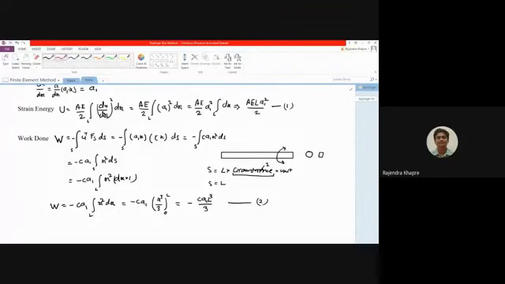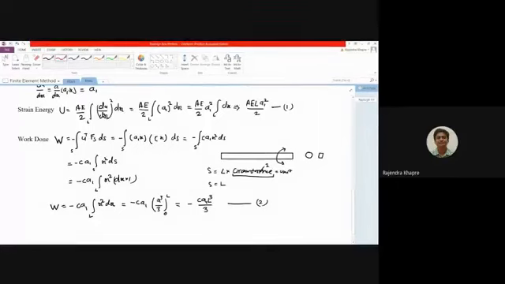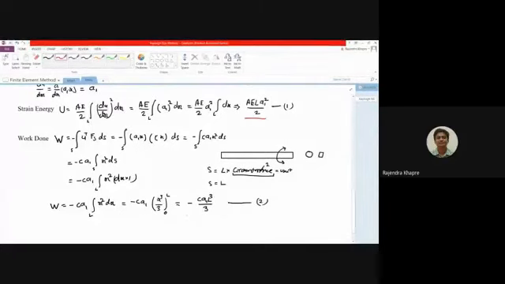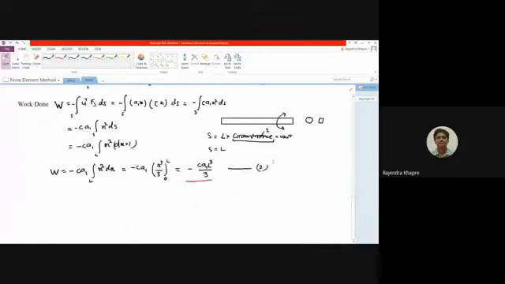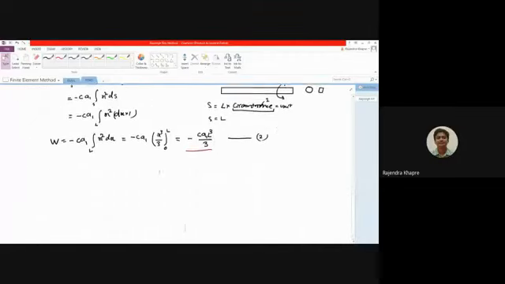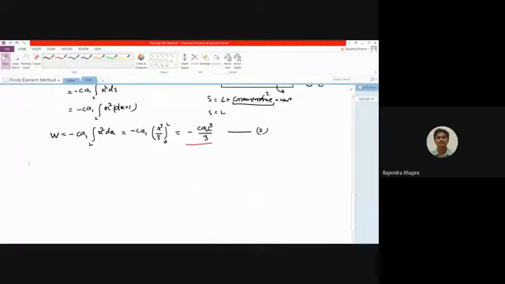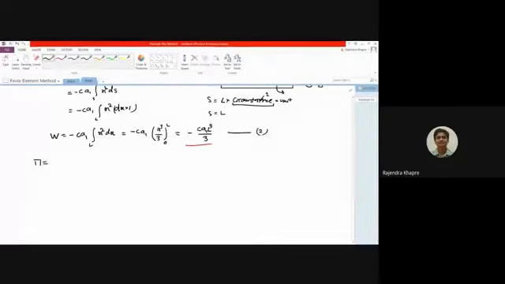Now you have this expression for strain energy, and this one for the work done. So now we can have the potential energy. Let me write down this total potential energy. If you remember, the total potential energy is generally denoted by the symbol pi, and pi is nothing but the strain energy plus work done.